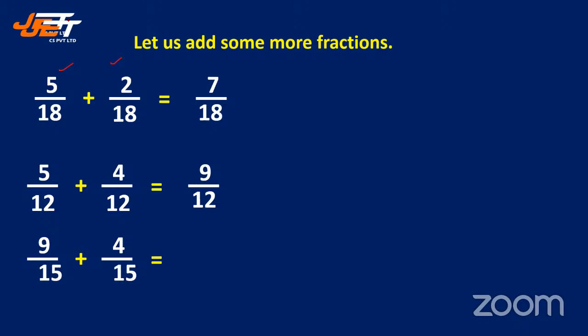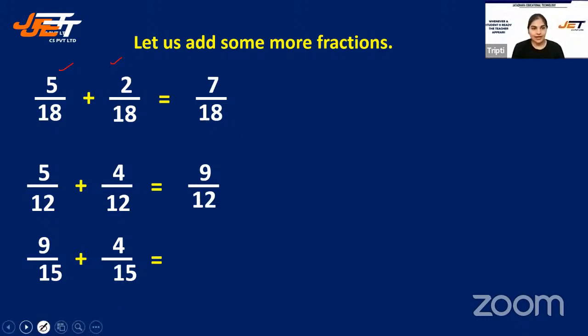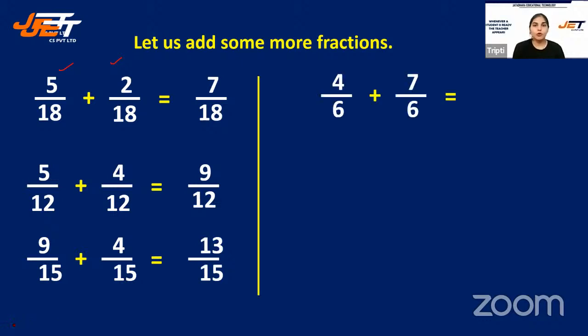All right. So 9 by 15 plus 4 by 15. That is 13 by 15. 4 by 6 plus 7 by 6. 4 plus 7.